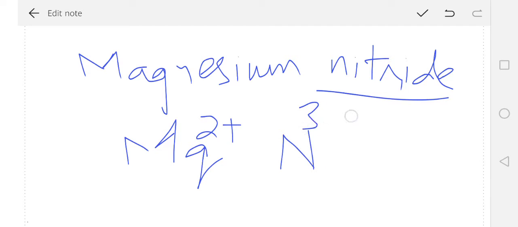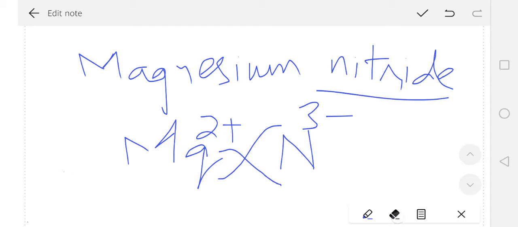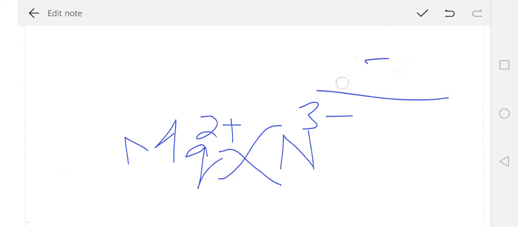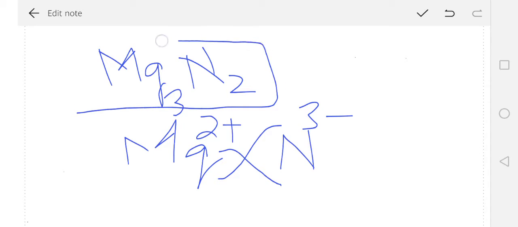It must contain 3 minus charge. So in order to write the formula of magnesium nitride, you crisscross the charges. It becomes Mg3 and N2. This is the formula of magnesium nitride, Mg3N2.